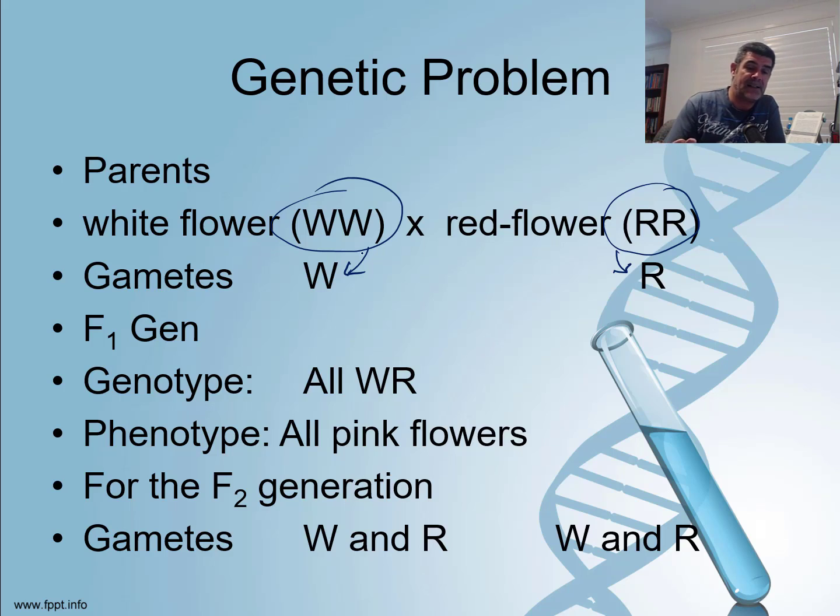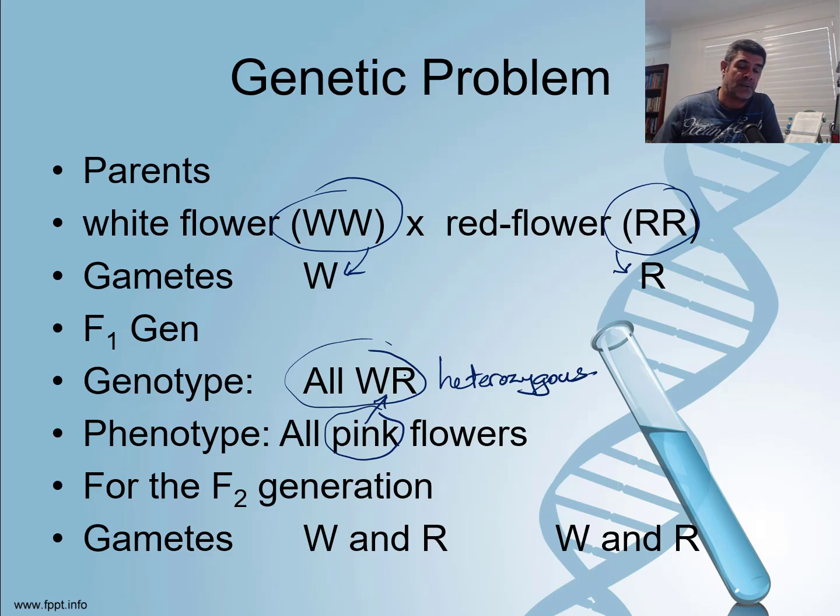But if there are only W's, you can only get W. If there are only R's, you can only get an R. And so in the F1 generation, they're all hybrid, they're all heterozygous. That means in this case, if we're talking about snapdragons, the color will be pink. So pink corresponds to the heterozygous condition.